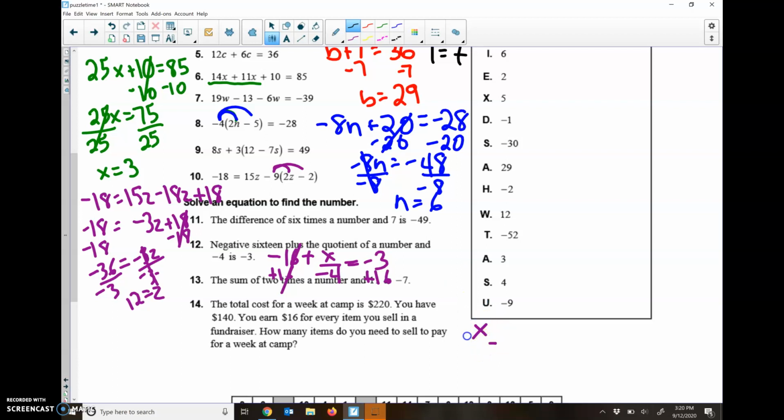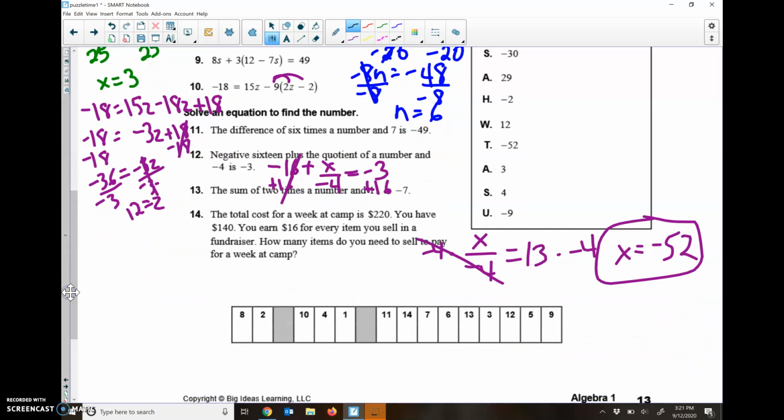So I have x divided by -4 equals -3 plus 16, which is 13. And then I have x divided by -4. I'm going to multiply by -4. So 13 times -4 is a -52.